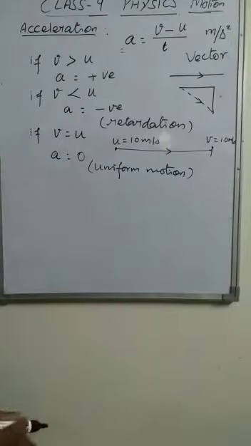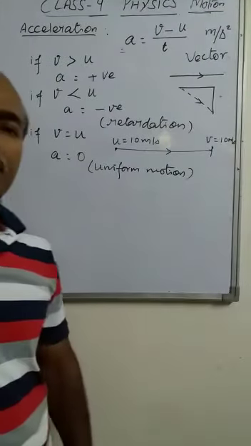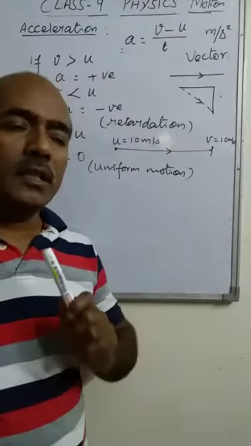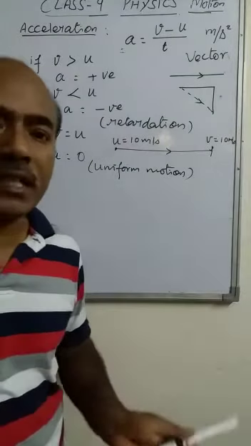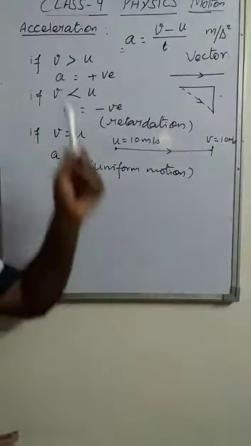Whenever you are traveling in your car, if the needle of the speedometer shows the same value, that means your car is traveling in uniform motion and there is no acceleration. What is the condition of your vehicle?